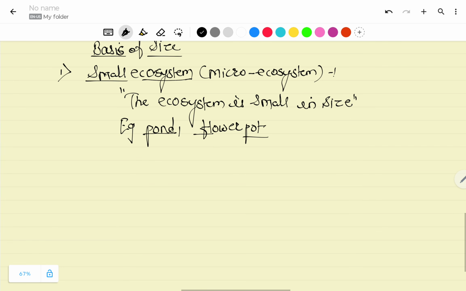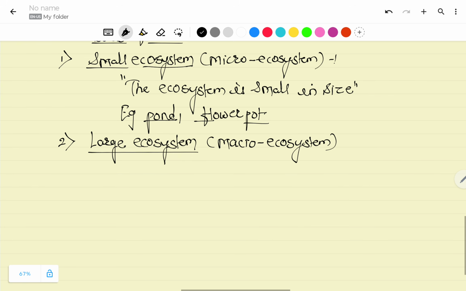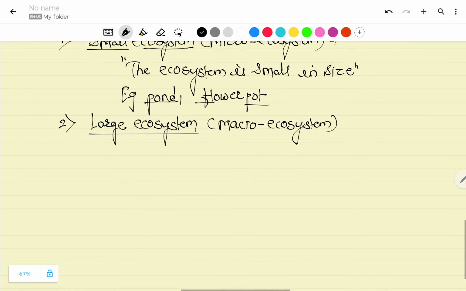Now the next ecosystem is the large ecosystem. Its other name is macro ecosystem. Macro means large, micro means small.